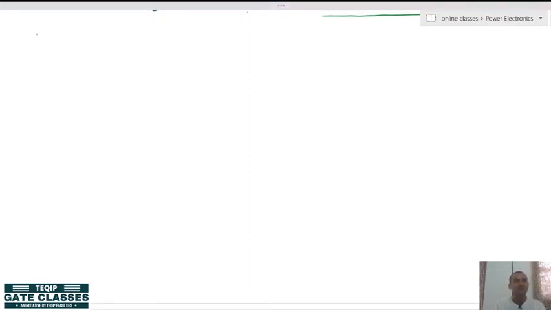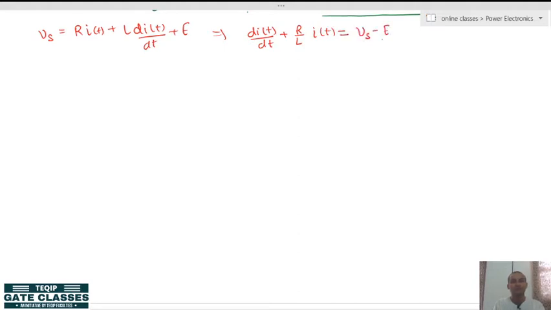We have the circuit equation: Vs equals R i(t) plus L di(t)/dt plus E, or we can write it as di(t)/dt plus R by L i(t) equals (Vs minus E) by L.